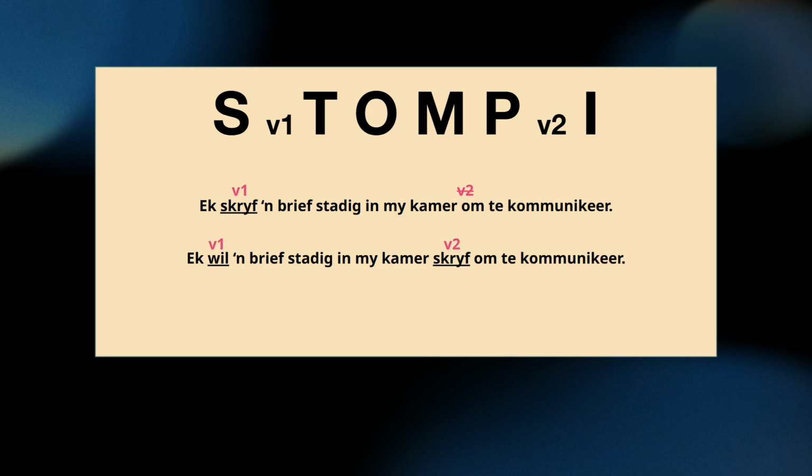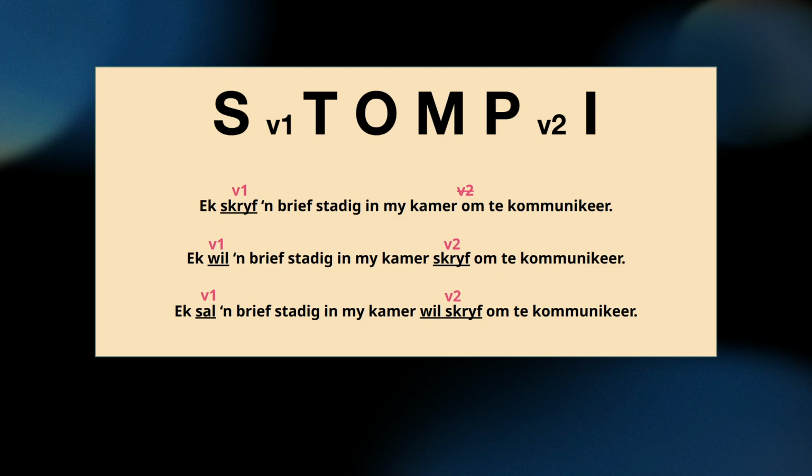And this often causes quite a bit of confusion amongst English speakers because Afrikaans splits up its verbs. So ek wil 'n brief stadig in my kamer skryf has the same meaning as I want to write a letter slowly in my room. I can now go ahead and make this sentence future tense by adding first verb sal, which is my indicator of future tense, translating it directly into English, I will.